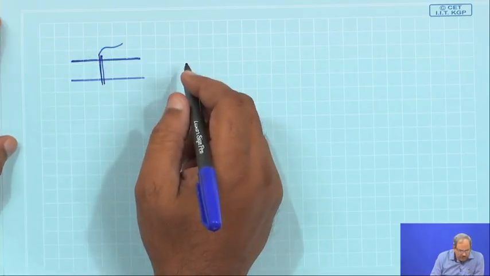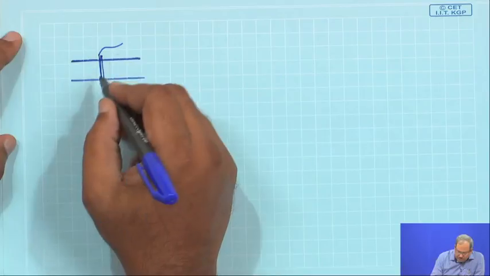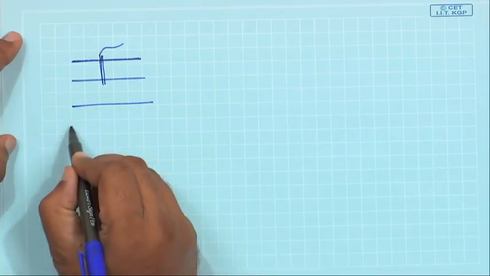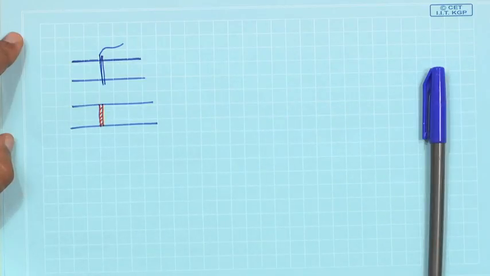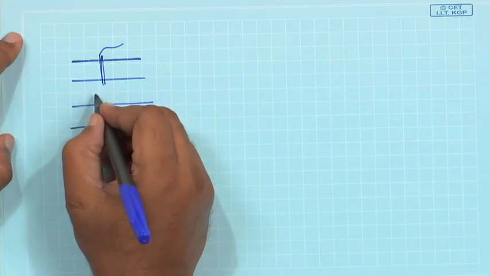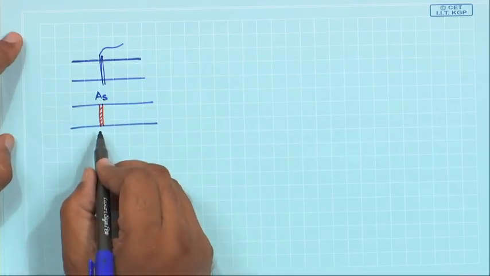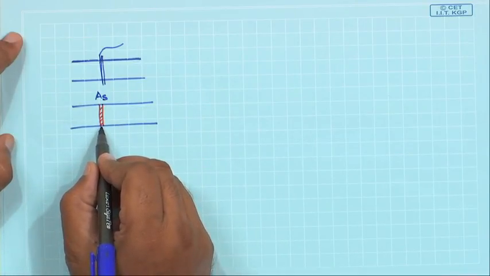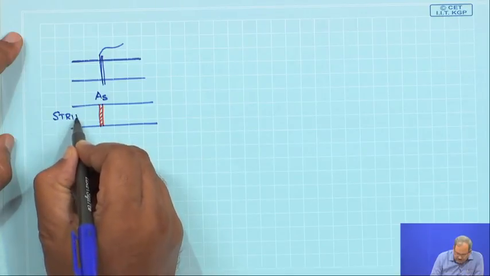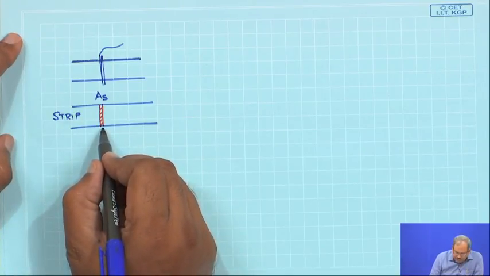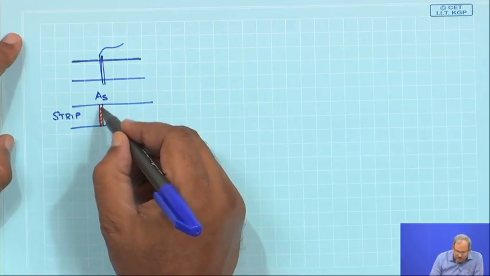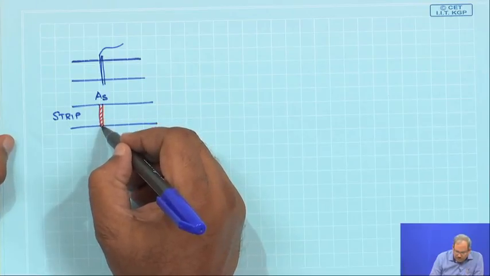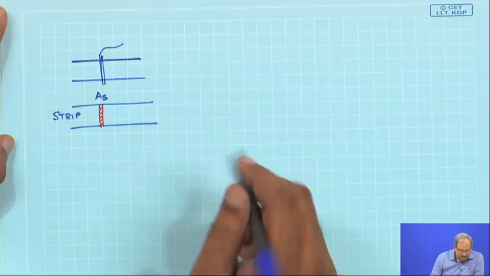The top area, where heat transfer is taking place, we are going to assume is A_S, that is the surface area. Since the thickness of the strip is very small compared to the width of the plate, we need not take the heat loss from the sides. So, we are neglecting the heat losses from the sides.